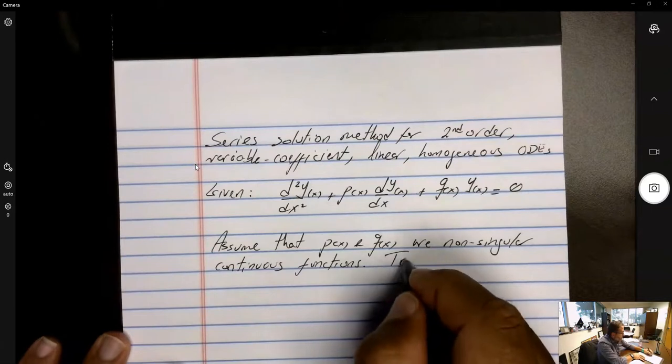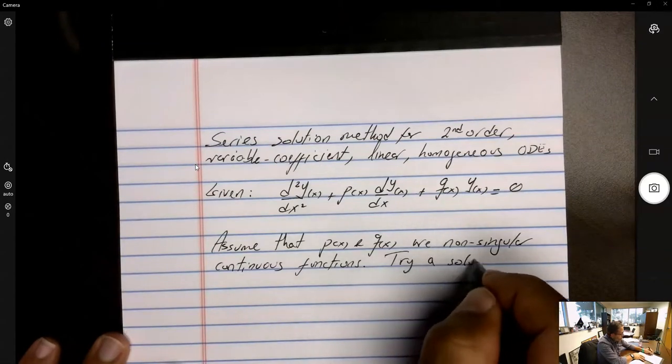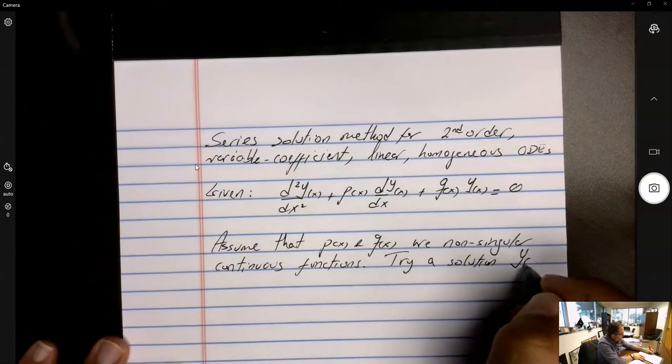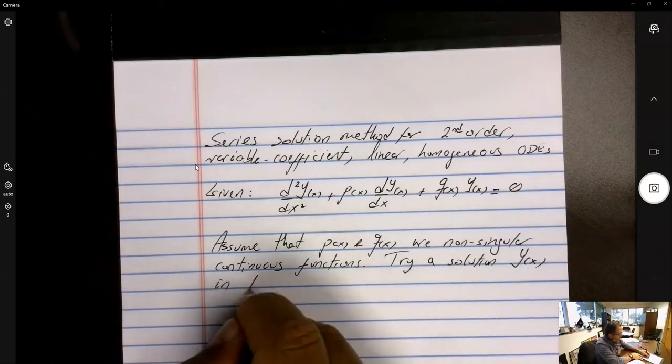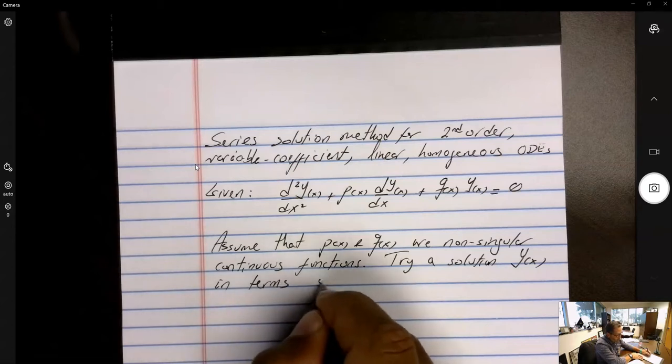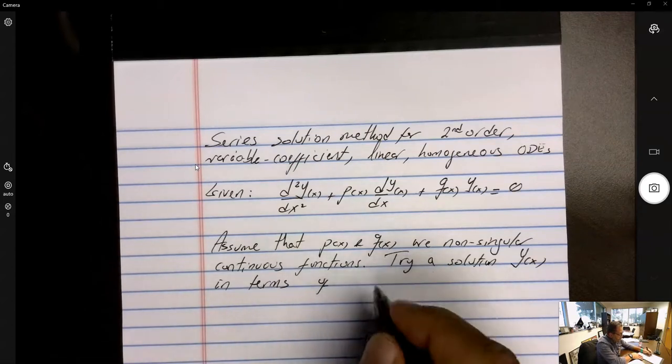So we're going to try a solution y of x in terms of a Taylor series.